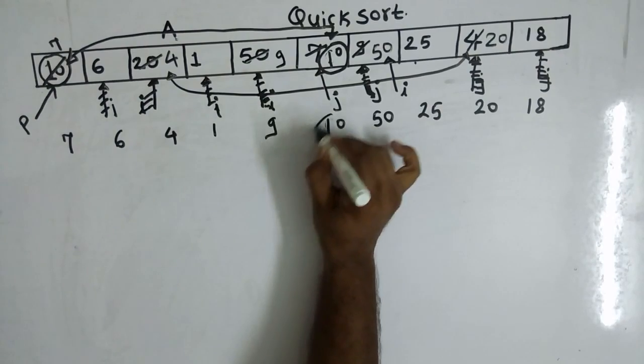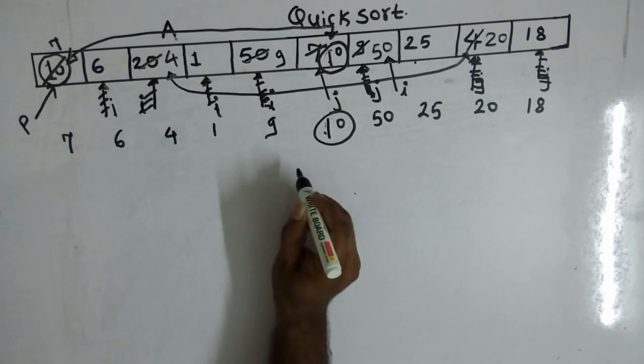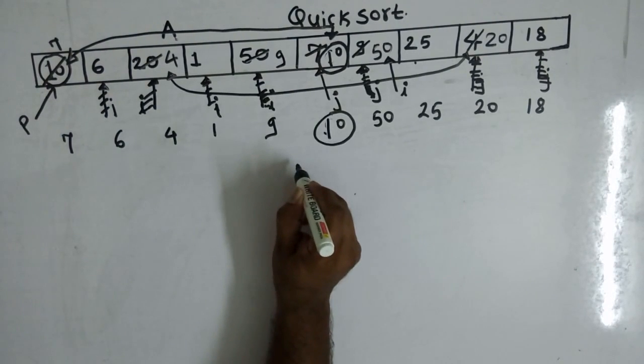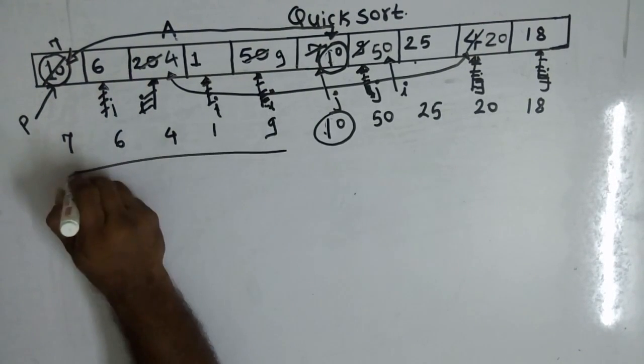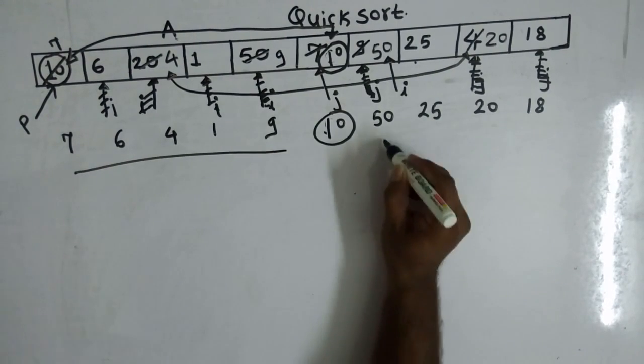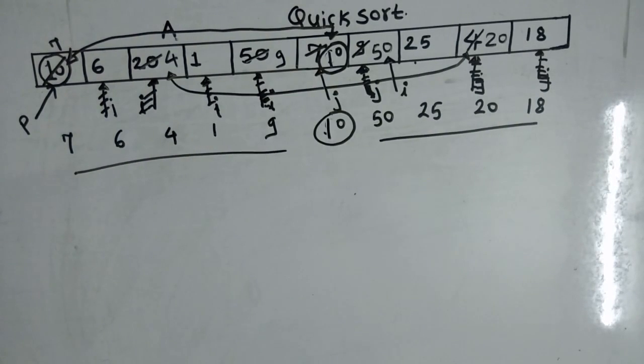So here is the place where our pivot is sitting. So if you observe now, the left part of the array, that is left to pivot, all the elements are less than pivot, and if you observe the right part of the pivot, all the elements are greater than pivot. That's what we wanted, that's the partition we desired. So we got partition of the array containing lesser elements in the left and greater than pivot in the right.